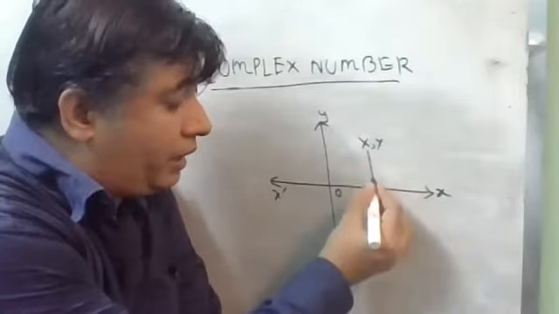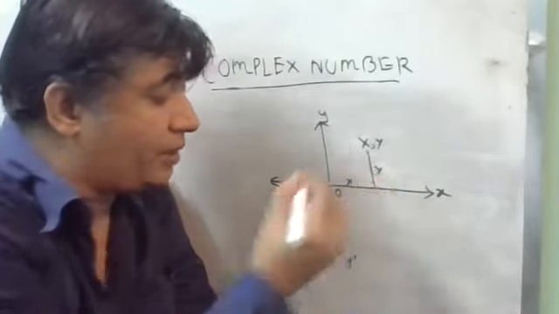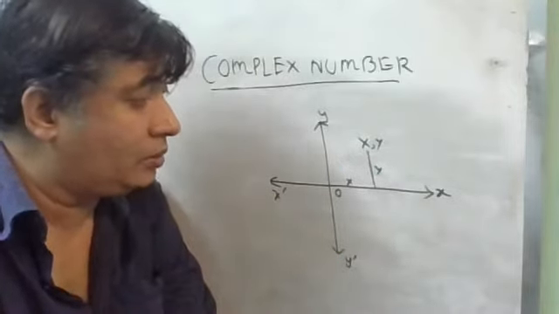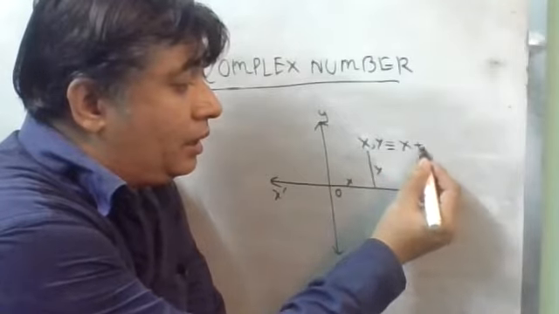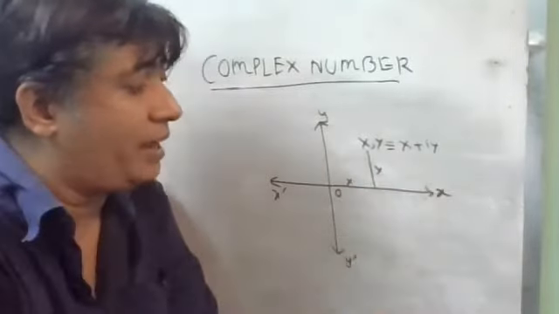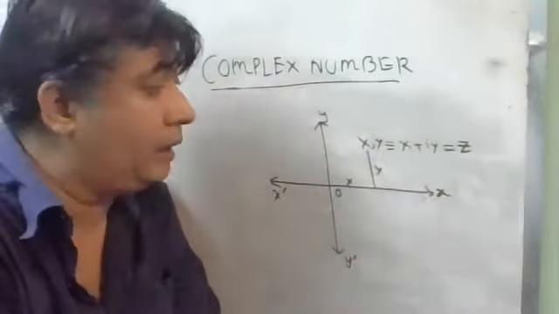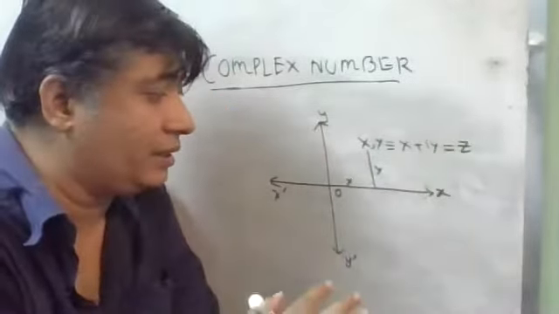Now if I drop the perpendicular, this is the x component, this is the y component. Understood? Now this point in complex number will be expressed by x plus iy, which is already denoted by z, and you are taught that.